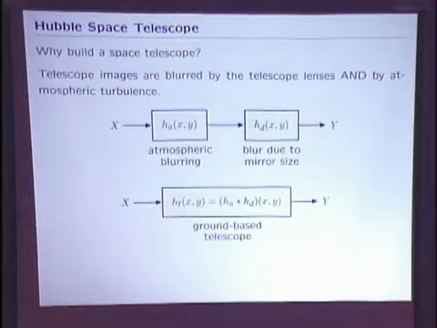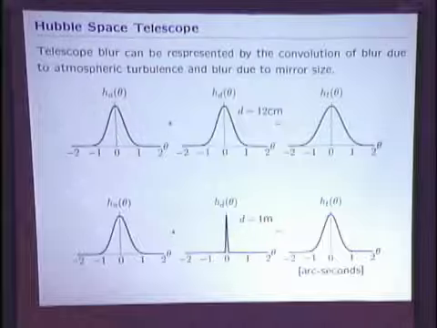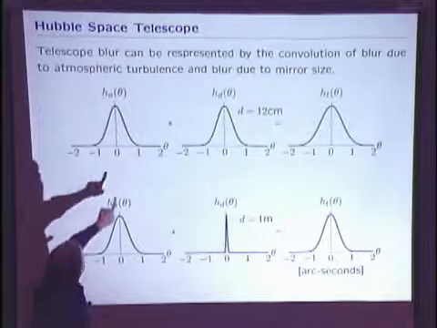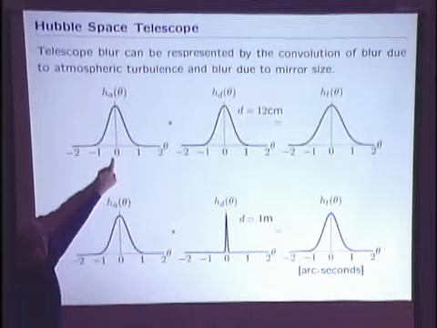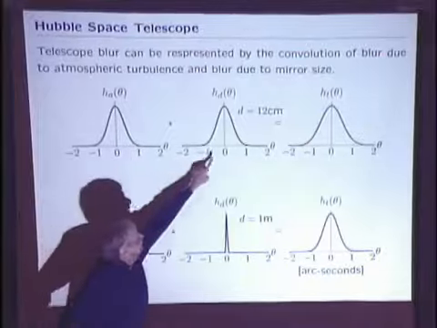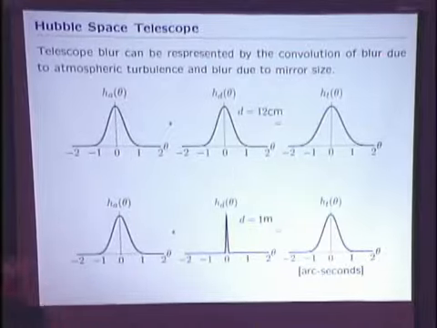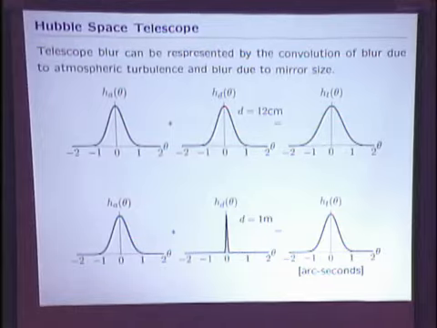The combined is the convolution of those, which means that if you've got some amount of atmospheric blurring and a telescope made out of 12-centimeter optics, then the combined response is shown here, not very different from each individual.